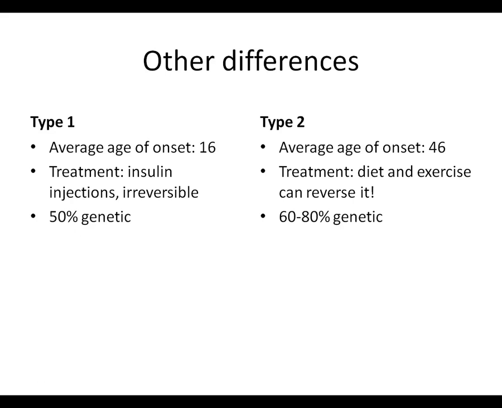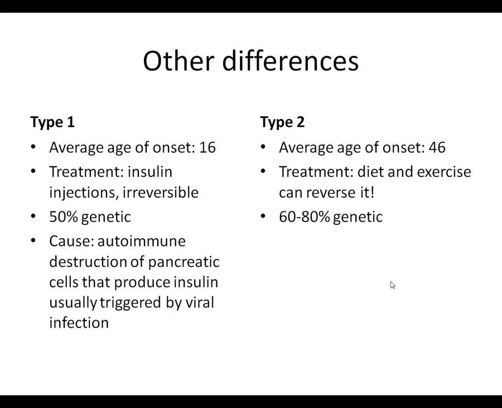If you have identical twins, the probability that your identical twin will have type 1 diabetes is about 50%, whereas for identical twins with type 2 diabetes, there is a 60 to 80% chance that your identical twin will have it too.